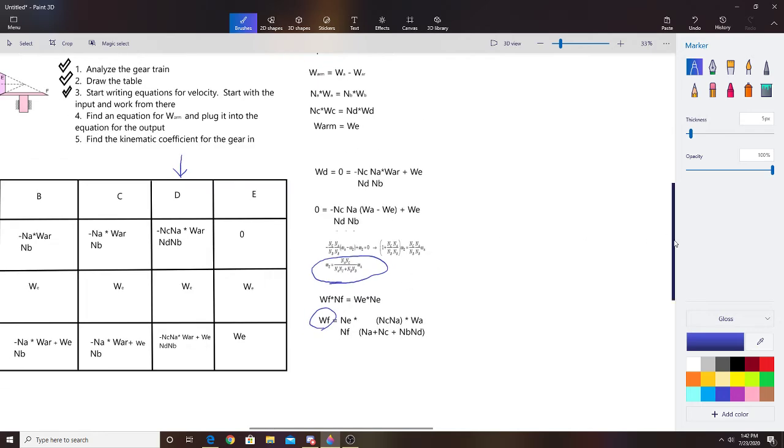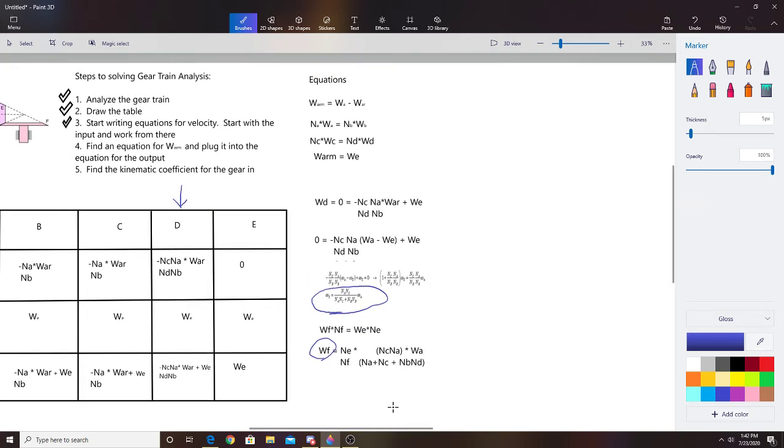And there are actually questions. I don't know about on your homework, but there were questions in previous years where they gave you the gear teeth, and they gave you the input velocity, and they told you to find the output velocity. I took that out because of just time constraints. I'm just trying to teach you guys really quickly the basics of how to do the question. The numbers are pretty simple, though, right?